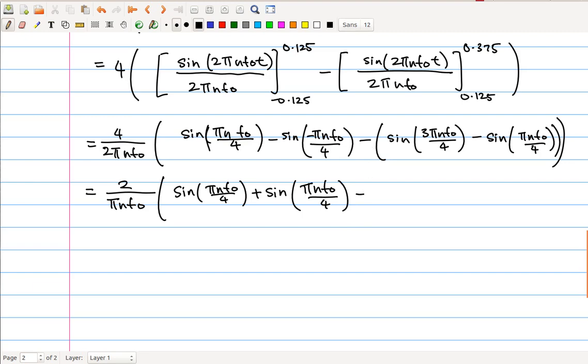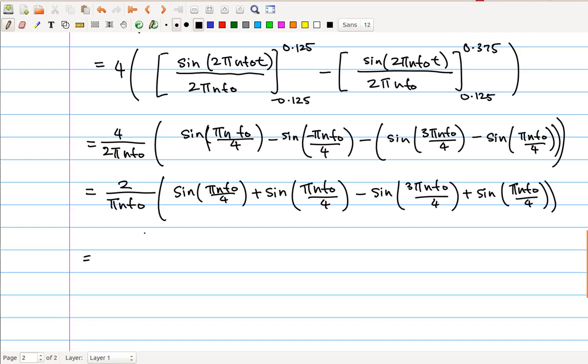So this becomes, expanding this bracket, negative sign. Okay, we can't do much with this either, but at least we can expand the brackets. That's what we get. And now here, negative gives you a positive sine pi n f naught on 4. Okay, and good, we've got another one of these sine terms here we can combine.